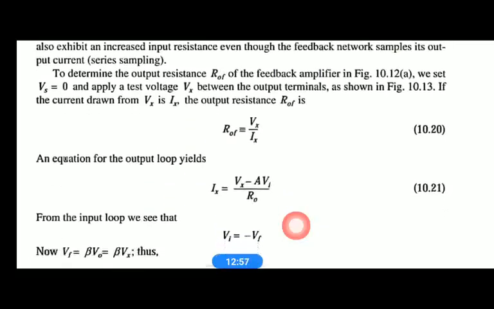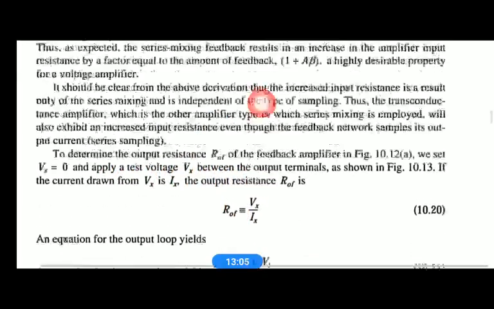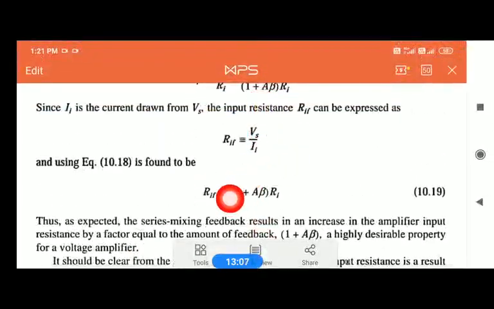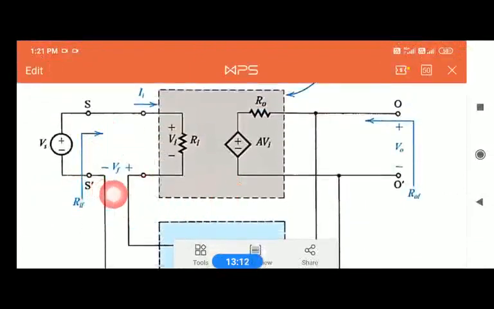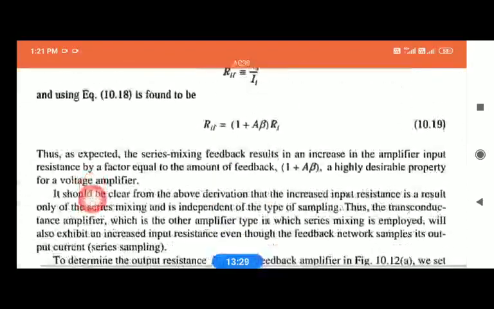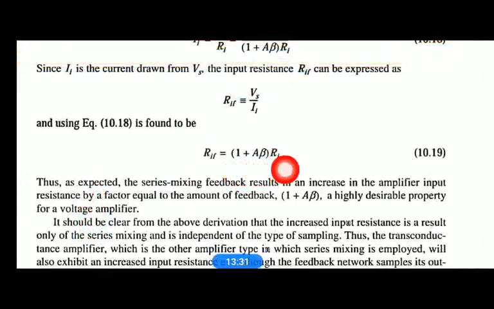To determine the output resistance ROF, one more thing you clearly see is that the input resistance RIF, as we previously discussed, increases when you connect in series. At the input side we are connecting the feedback voltage in series, so the resistance changes from Ri to RIF, which we derived as 1 plus A beta into Ri.